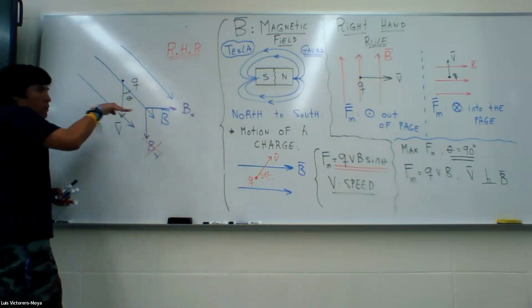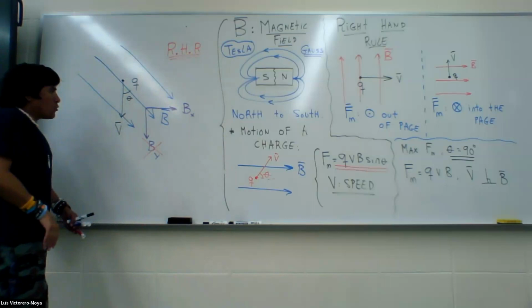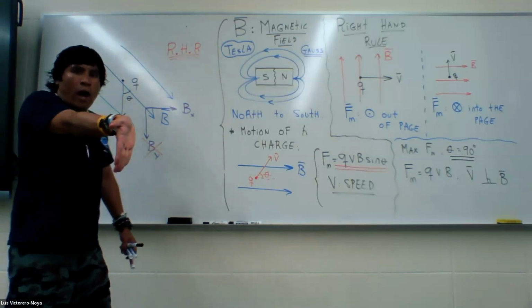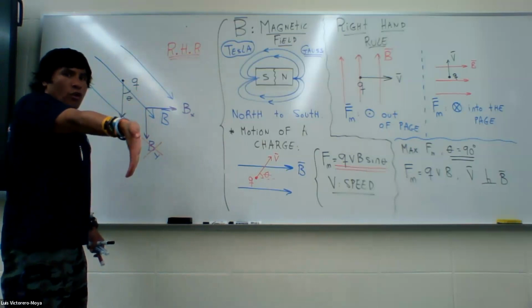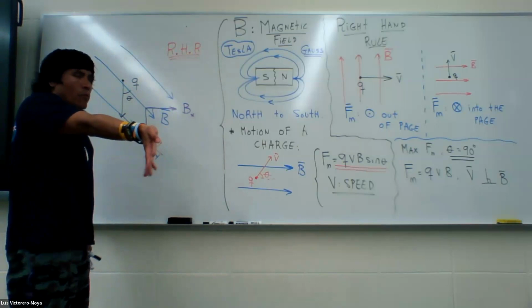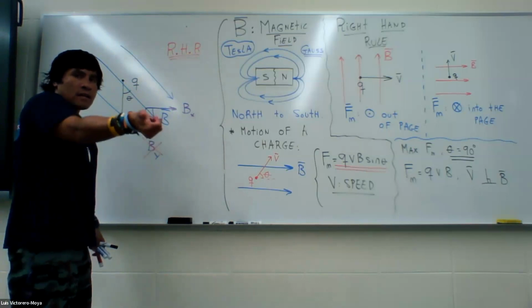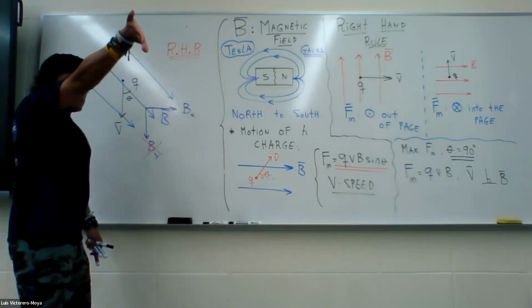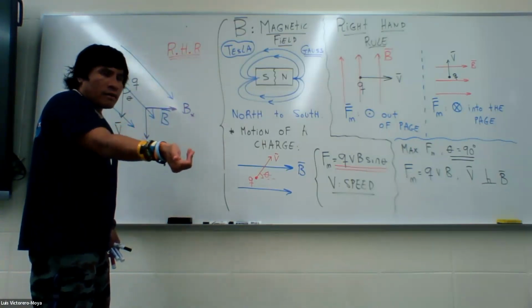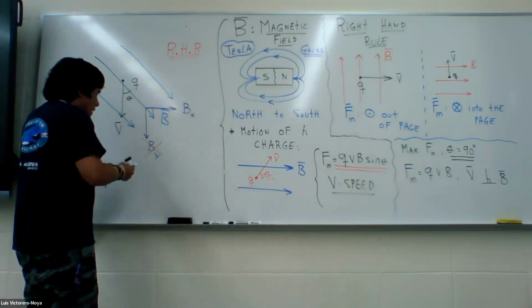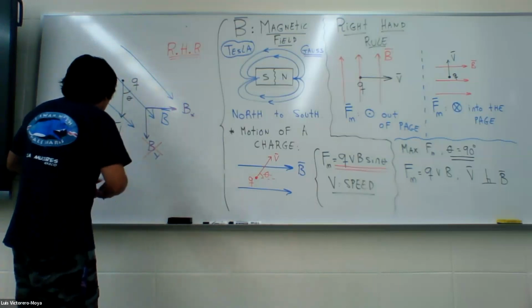V is going down, Vx is going to the right. So I'm going to place my hand like this. Why? Because the velocity is going down and the magnetic field is going to the right. So that means that my thumb is pointing towards you, right? Down, right, there. So the magnetic force is out of the page in this case.